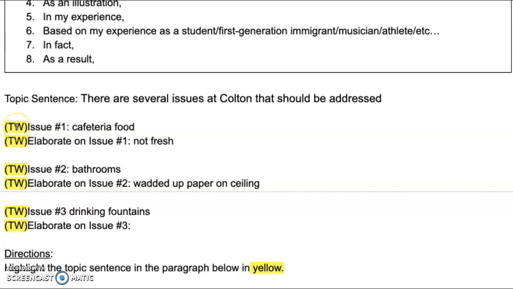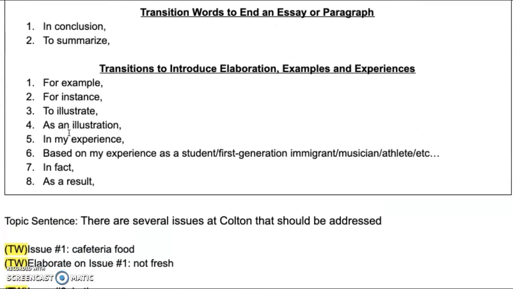When I introduce them in a paragraph, I'm going to need to put a transition word right in front of each of these big ideas so that my reader understands that I'm transitioning to a new idea. So to pick out the transition words for the big ideas, I'm going to come back up to my list.